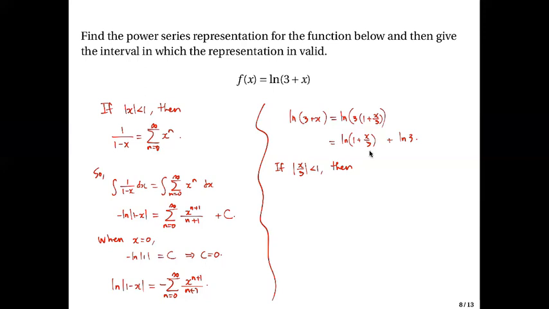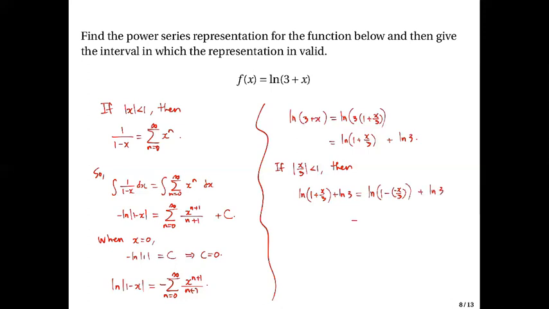But keep in mind, this is plus, this is minus, okay? So let us just write that. We have ln of 1 plus x over 3 plus ln of 3. This is equal to ln of 1 minus negative x over 3, okay, plus ln of 3.